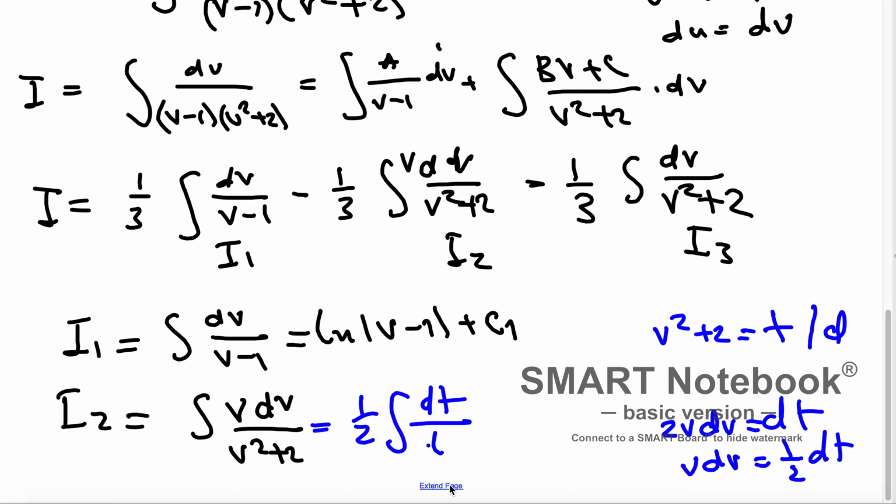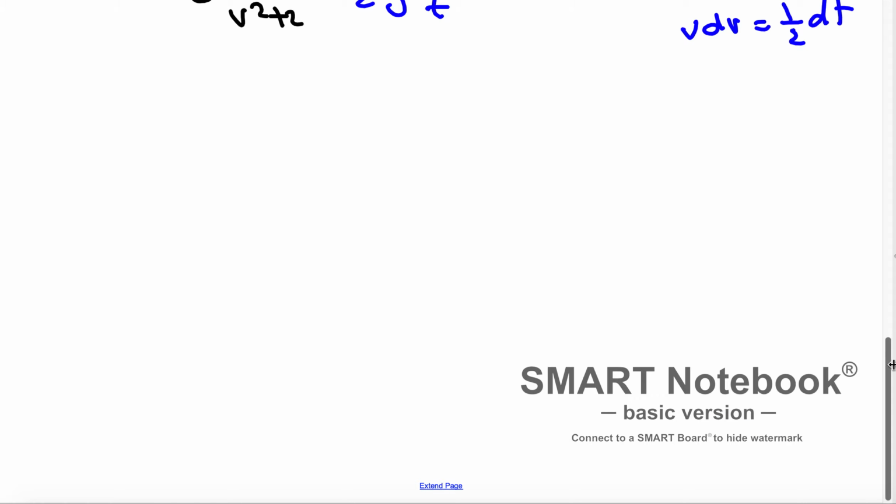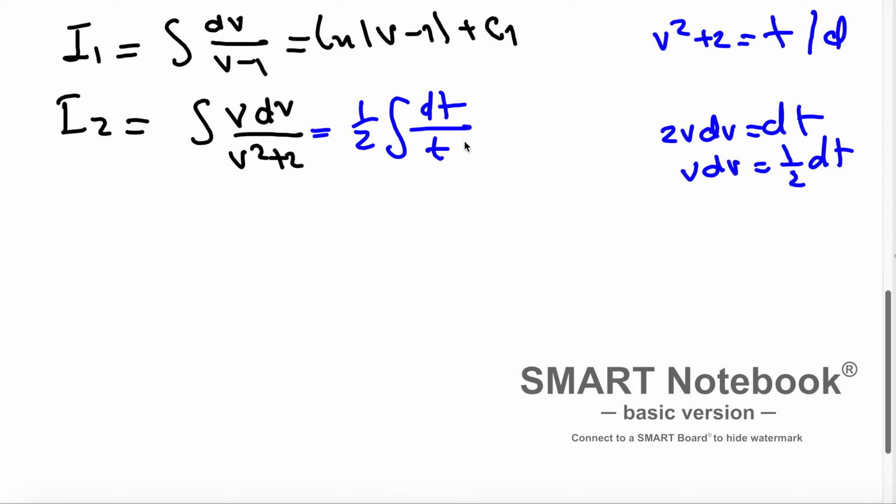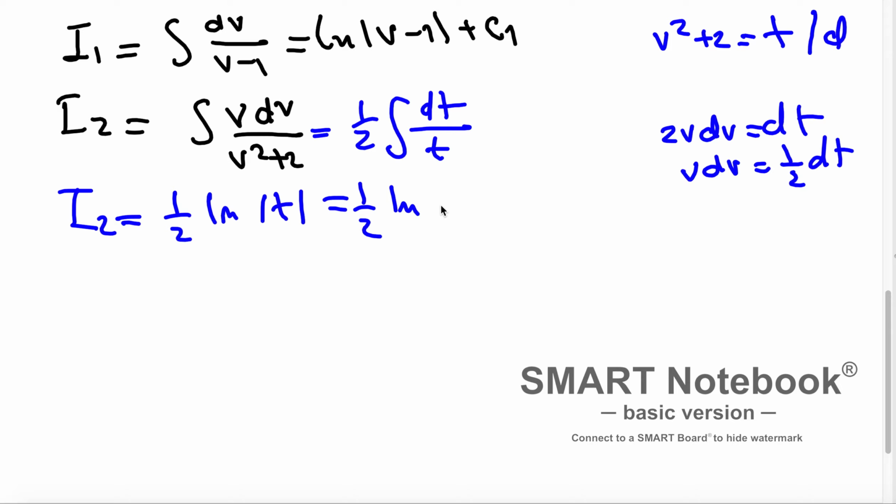So as we see here, dt over t is ln t, so it's an elementary integral. So this one can be 1 over 2 ln t. In fact, this is 1 over 2 ln, where instead of t is v squared plus 2, v squared plus 2, plus c2.